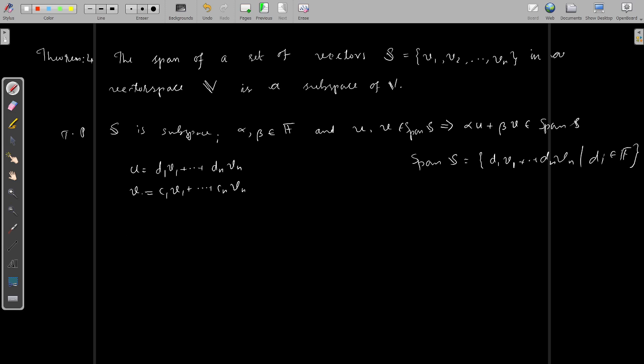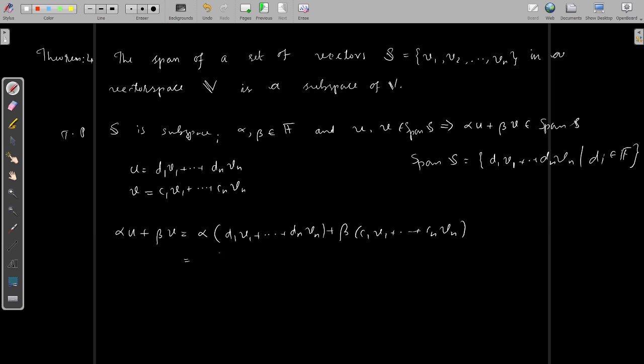So these are two arbitrary elements of span of S. We need to prove that alpha times u plus beta times v is also an element of span of S. So we will evaluate alpha u plus beta v. Alpha times u is alpha times d1 v1 plus etc. dn vn, plus beta times v is beta times c1 v1 plus etc. cn vn.